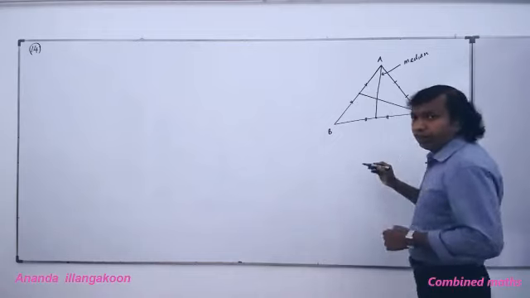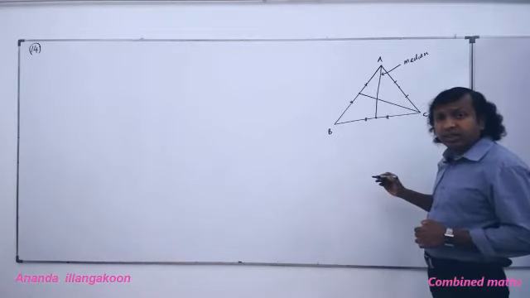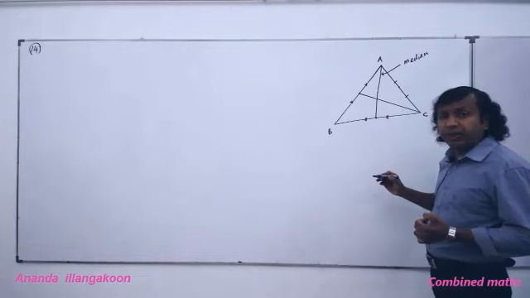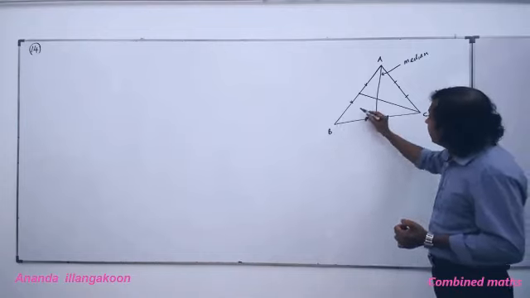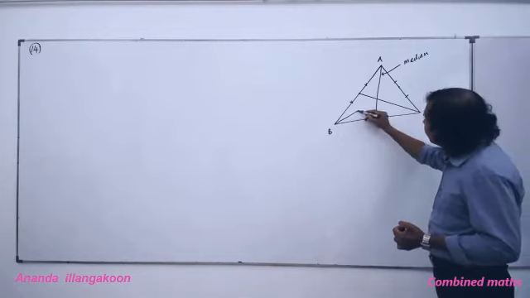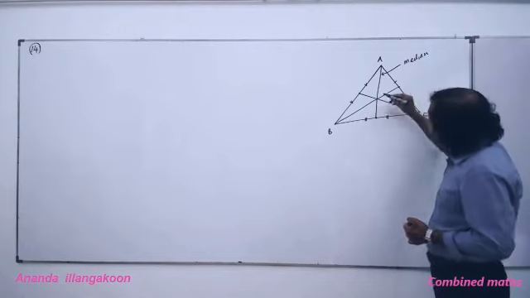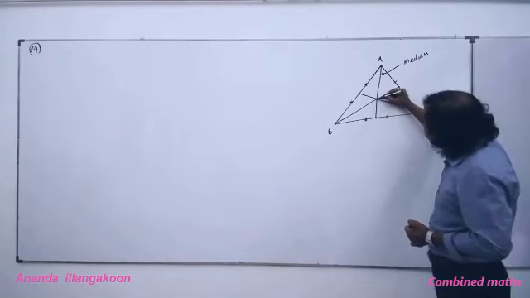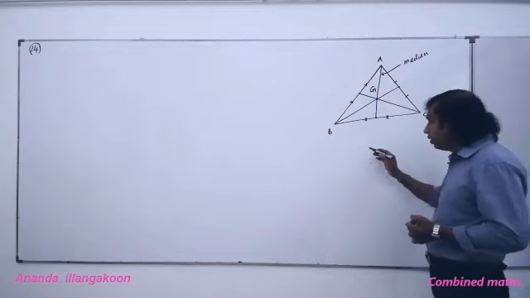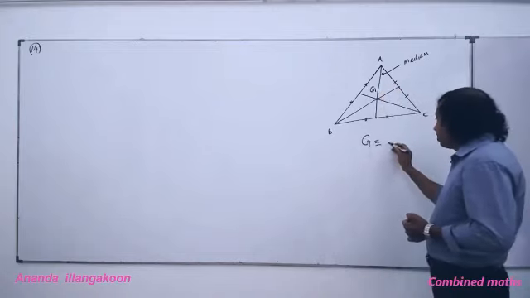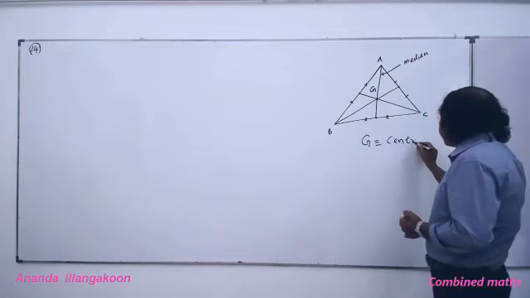When we construct these three medians, whichever the nature of the triangle, the three medians meet at a point like this. This point is denoted by the letter G, and this G is called the centroid.